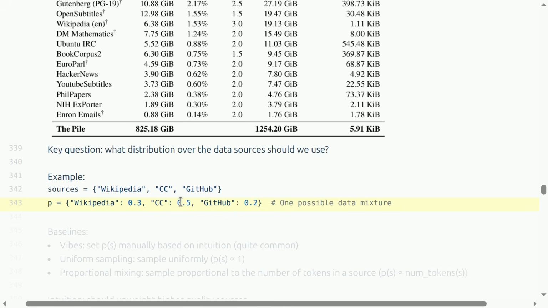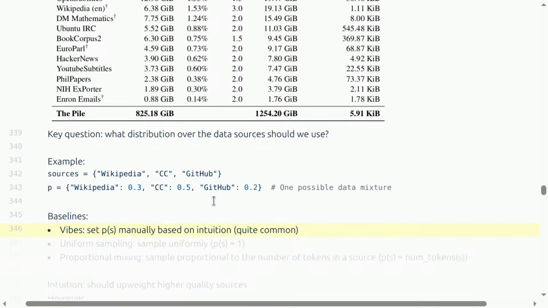Okay, so if you're just thinking about this problem from first principles, well, not from first principles, but just from what you might do. Vibes, which is I guess the opposite of first principles, is you just manually set it based on some intuition, which is more often than you might think what people do, right?